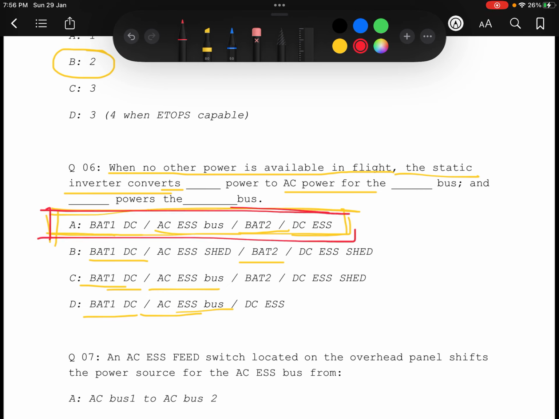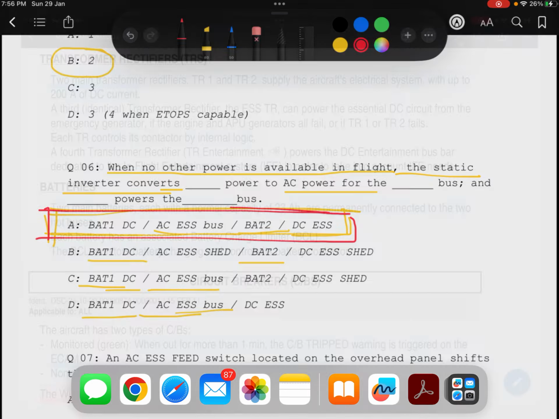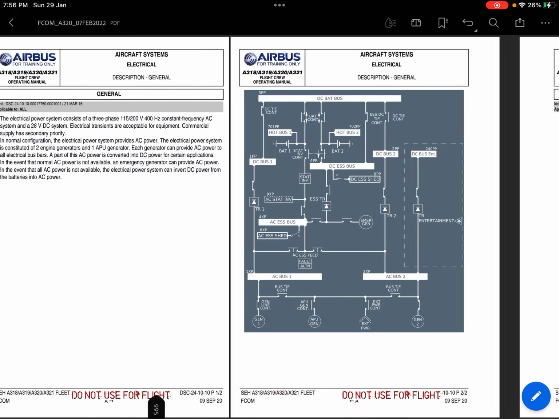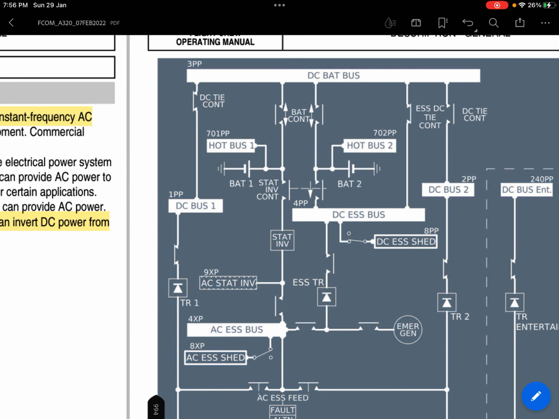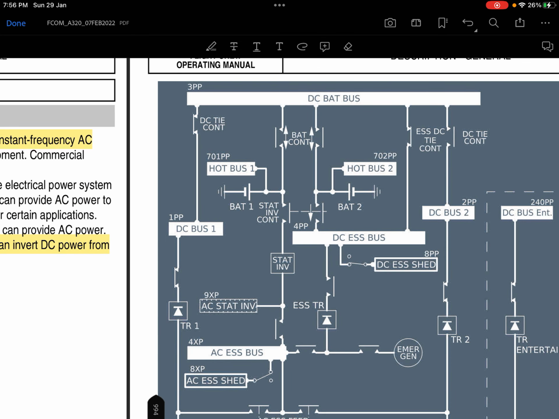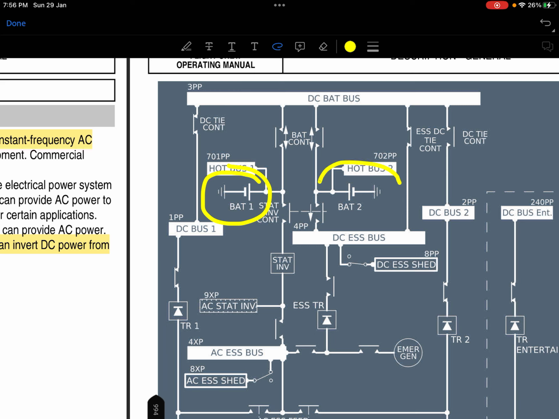What it is saying: when no other power is available in flight and the batteries are the only source of power, now we have only batteries, battery 1 and battery 2. In this case, battery 1 supplies AC essential bus, only AC essential bus, through the static inverter.